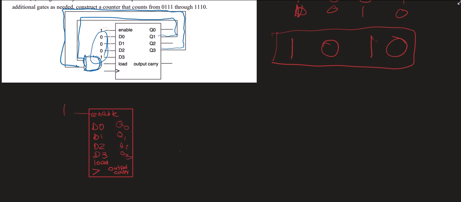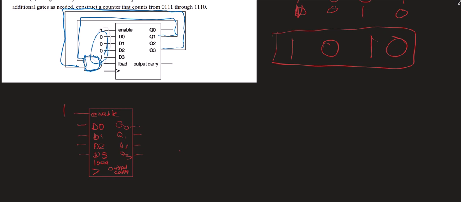Enable, we'll put a 1 on enable because we want it to be enabled. And we want it to count from 0, 1, 1, 1 through 1, 1, 1, 0.